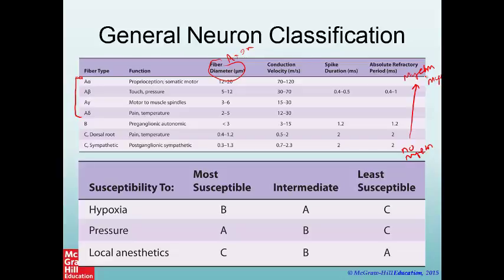The gamma fibers, those are gamma motor neurons, and they send information to muscle spindles. We'll talk about muscle spindles later. Just make sure that muscle contractions are smooth and not jerky. They're smaller, and of course they're going to have then a smaller conduction velocity.